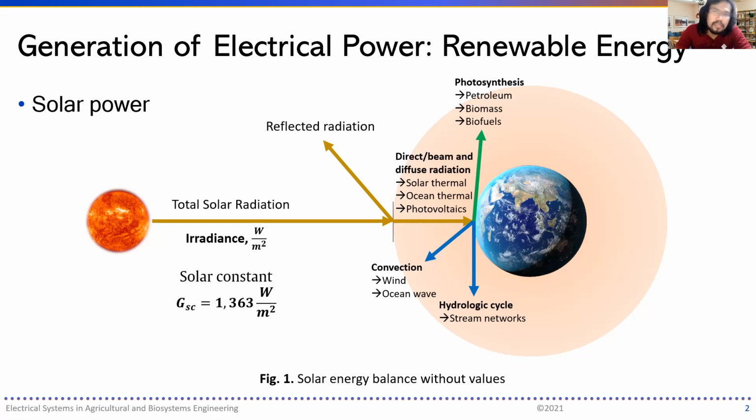Next up is the influence of the sun to a very important process in biology, in plants, and it's called photosynthesis. This gives rise to the energy that is referred to as biomass and also the biofuels.